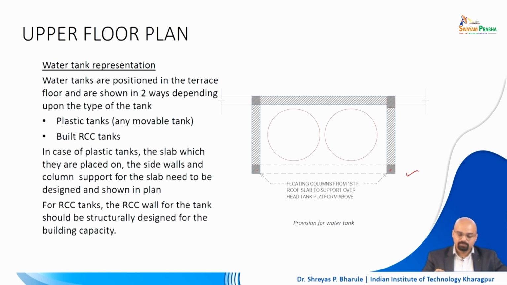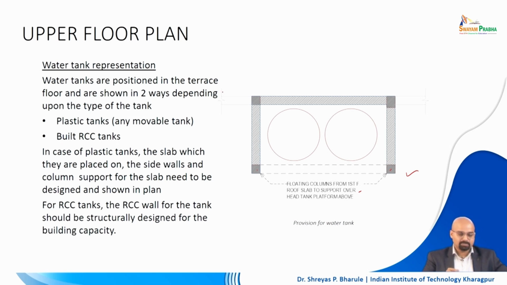The roof slab will support this particular area, and there needs to be a platform as well. You will draw all of this on the plan level as well as in section. The water tank sheet is also separately shown along with the complete dossier of the working drawings. So what all do you have in there?